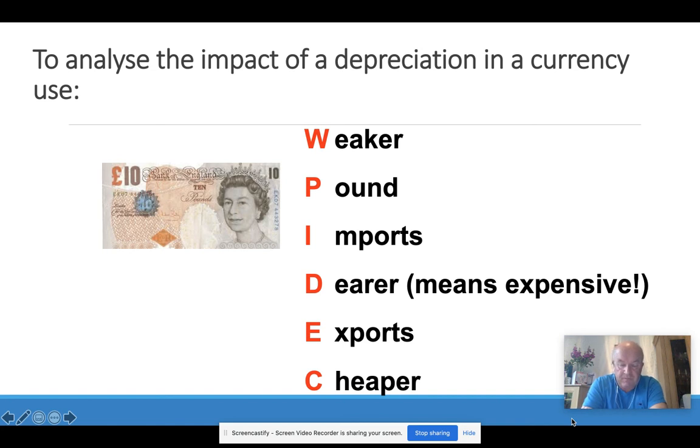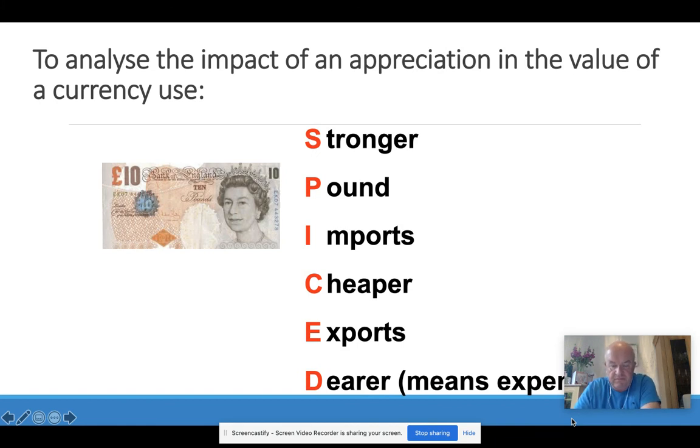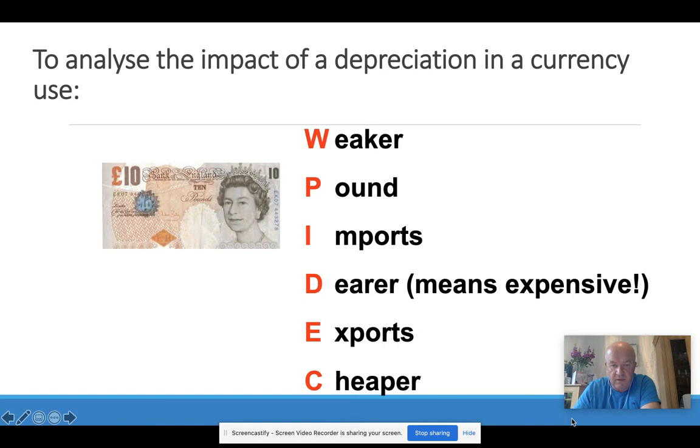Clearly, if we've got exports relatively cheap, that's hopefully going to mean that demand for our exports is going to be higher as a result. So when we're analysing the impact of either a depreciation or an appreciation in currency use, try to remember SPICed and WIPI-DEC. SPICed standing for stronger pound, imports cheaper, exports dearer, more expensive, and WIPI-DEC weaker pound, imports dearer, exports cheaper.